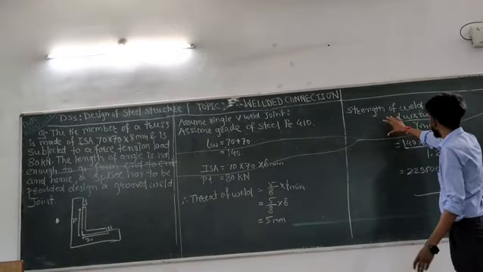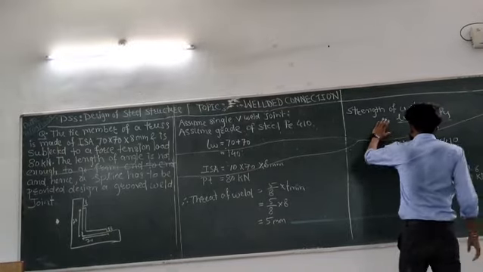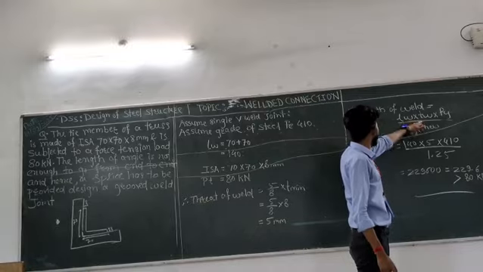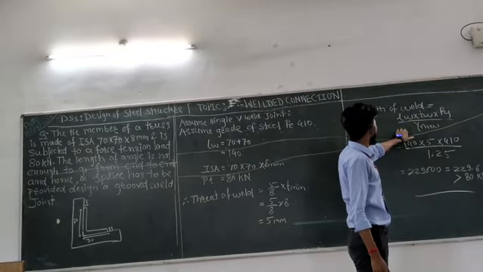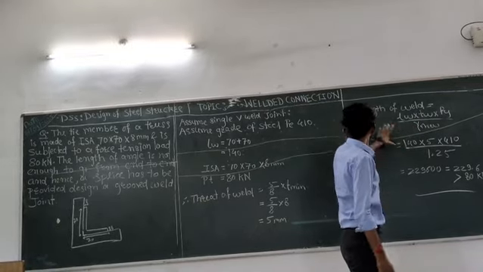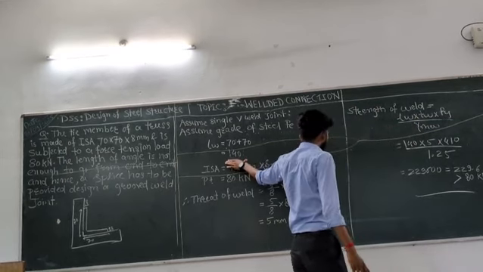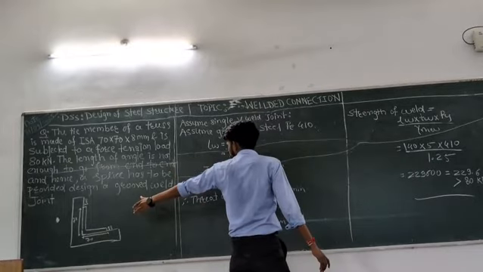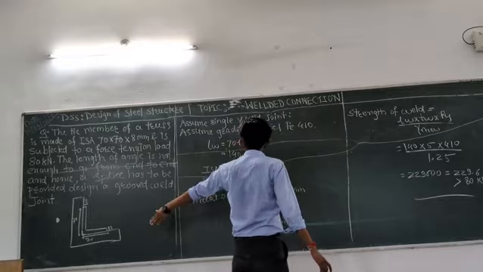The second step is the strength of the weld. To find the strength of the weld, the formula is Lw into tw into fu divided by gamma mw. Lw's value we have found here, that is 140, the length of both side welds, 70 plus 70.